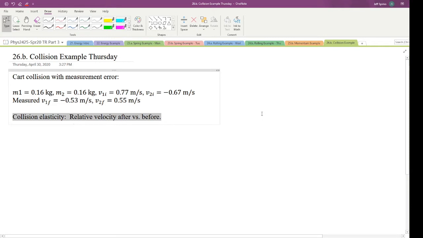So we're going to compare the relative velocity of these two carts before versus after the collision. And what happens in a collision is the relative velocity initial value gets multiplied by the elasticity and flipped around in the opposite direction to become the relative velocity in the final state.